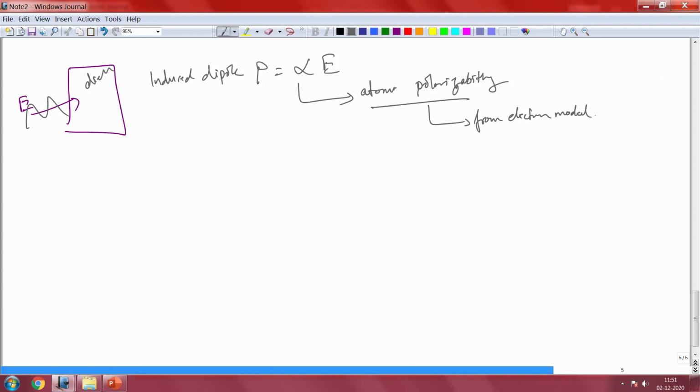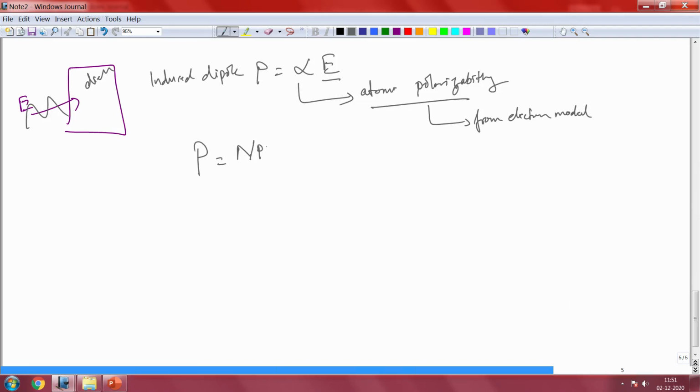So you must have come across this in your solid state physics courses. So the polarizability, how much you can polarize this material, depends on this alpha and the electric field E. So the polarization, the net polarization, depends on the number density, the number of dipoles in the system times the induced dipole.